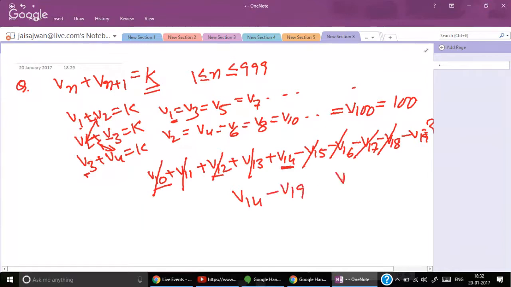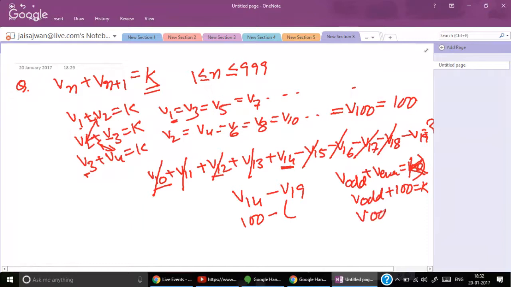How much will V14 be? We already know that is 100. What about V19? I know V odd plus V even is equal to k. So V odd is equal to k, and V even is already given as 100.